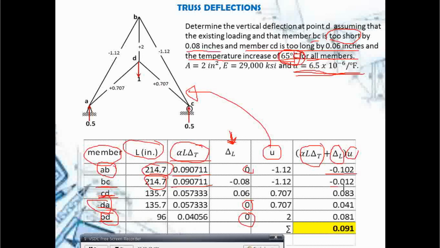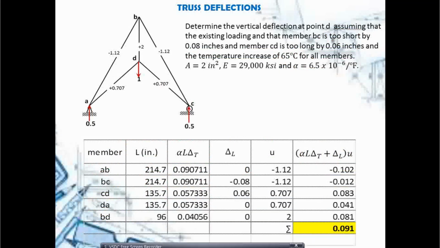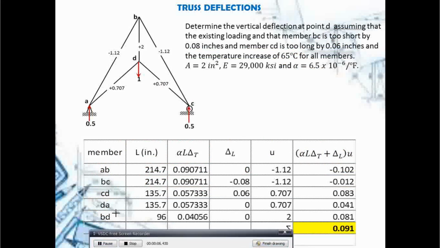Doon ko nakuha si 0.012. So for DA, that is 0.05733 plus 0 multiplied by 0.707, that is equal to 0.041.